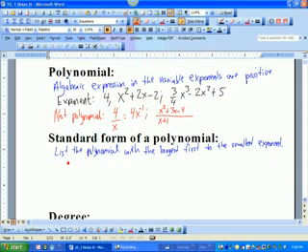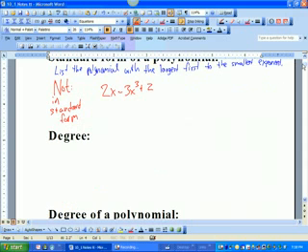So let's take a look at something that isn't in standard form. Something that isn't in standard form would be like, let's say I had 2x minus 3x to the 3rd plus 2. That's not in standard form because the first exponent is 1, the second exponent is 3. I don't have the biggest exponent coming first.